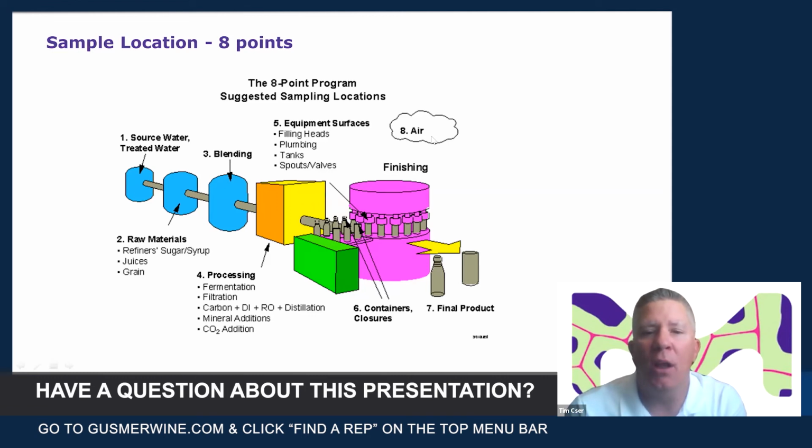So if we don't see any spoilage upstream, but we're starting to see spoilage in the middle, maybe there's some sort of fermentation going on, some sort of area in the process that's allowing those lactic acid bacteria to grow, allowing those spoilage organisms to survive.